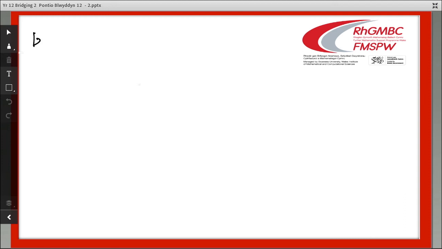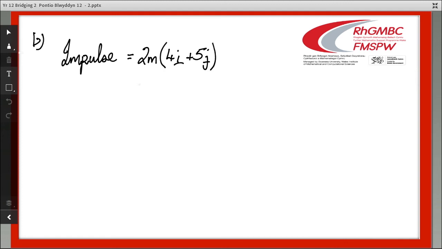So for part B, the impulse equals, so it'll be twice m 4i plus 5j minus twice m, because it's the same particle, 5i plus 4j.